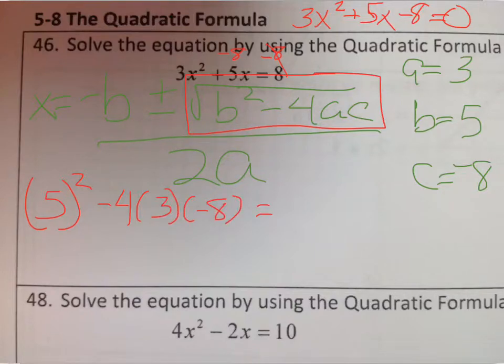And you can just put that straight into your calculator, and you get 121. Now, when you have a positive discriminant, that means that you should have 2 answers. So, that means I'm going to have 2 answers. Go ahead and pause and write that down because I'm about to erase this.